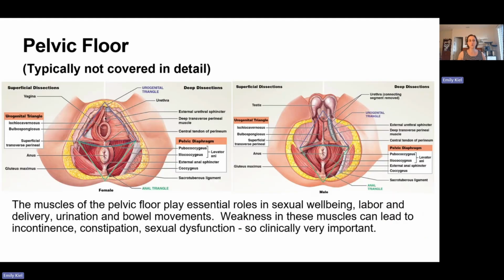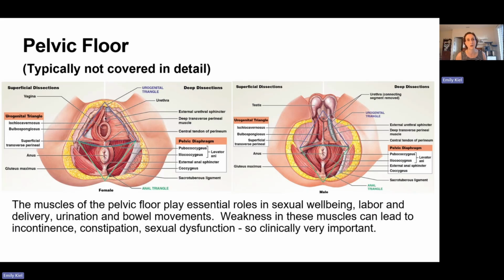We've got the pelvic floor muscles. We're not going to go over these in detail, but these are a huge emerging area of medicine, of study, of practice, of development. Once you hear about the pelvic floor muscles, you're going to hear about them everywhere.